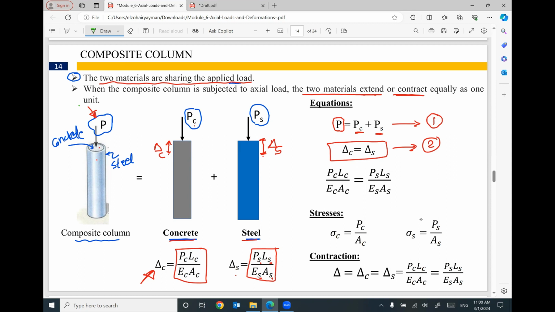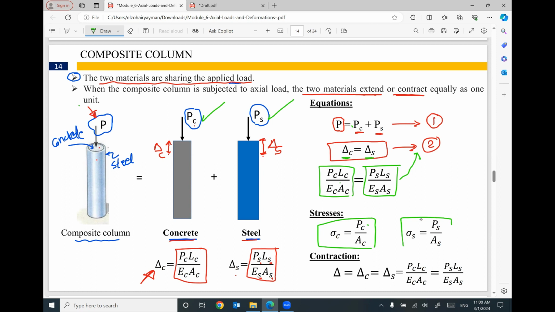So the axial deformation in concrete must equal the axial deformation in steel. So PL divided by EA for concrete will equal PL divided by EA for steel. And this will give you another equation. So if you solve the two equations together, you can find out how much is shared by concrete and how much is shared by steel. Once you get the values of these forces, the stress in concrete equals the force in concrete divided by the area of concrete.